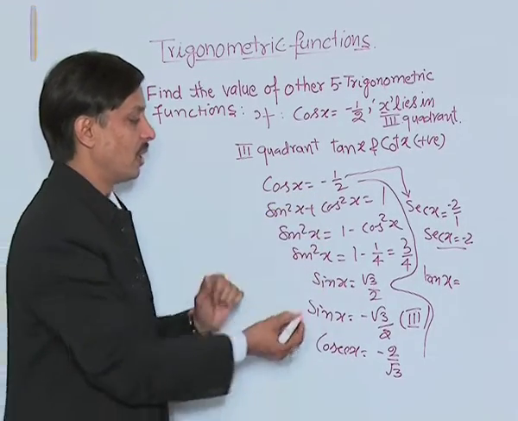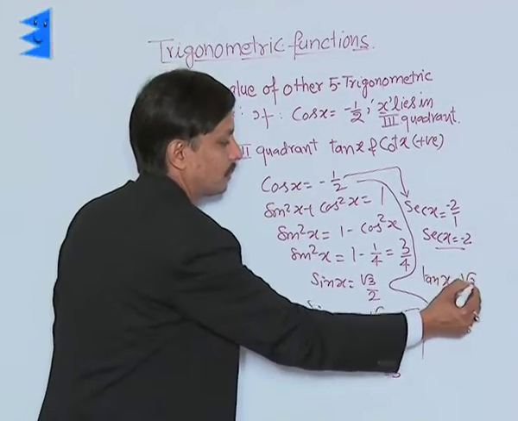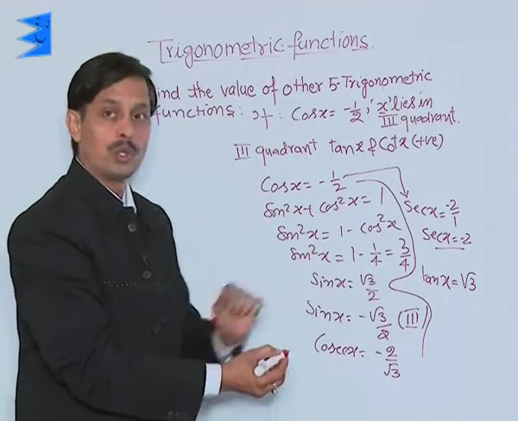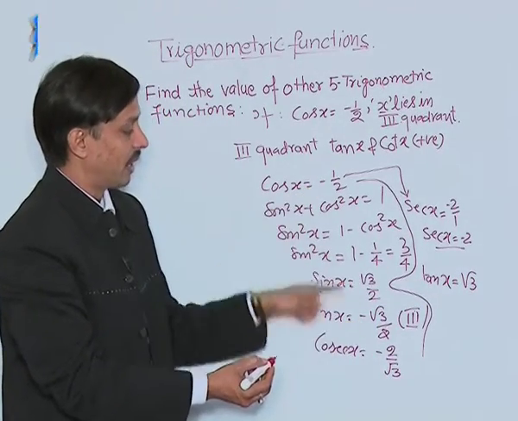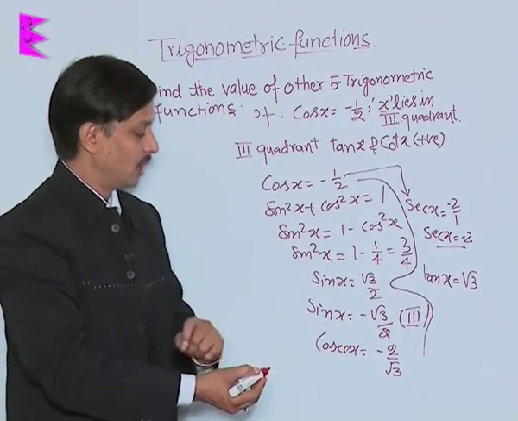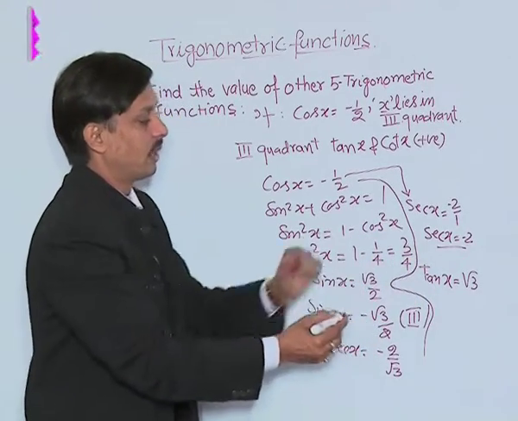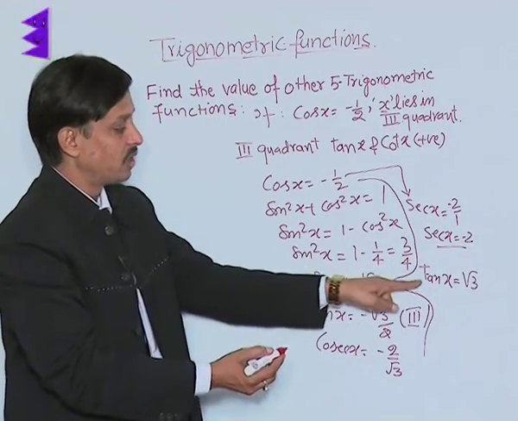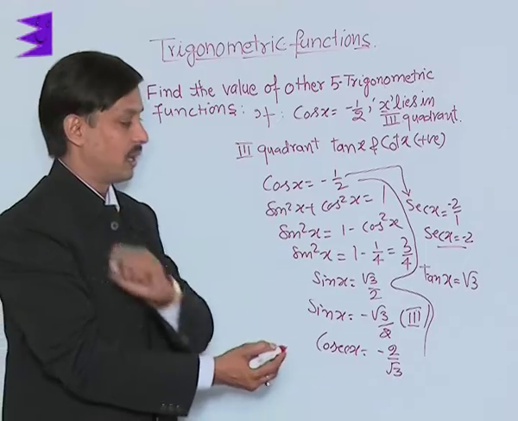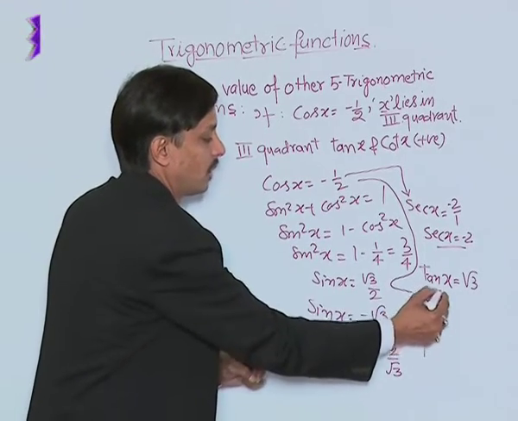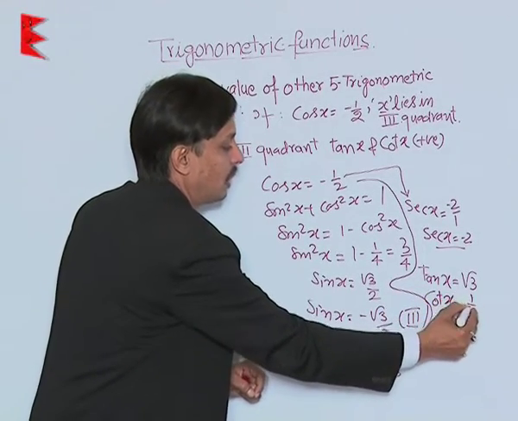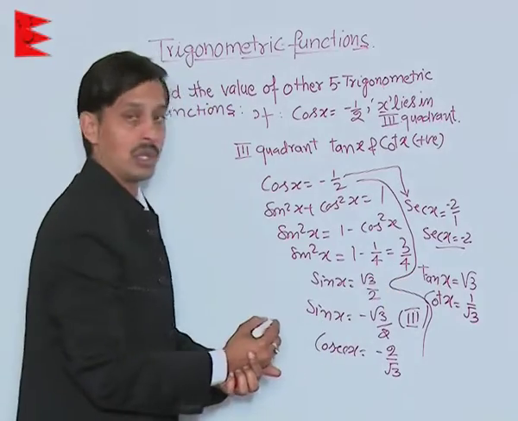Their division will give us root 3. So tan x is root 3 because negative and negative will cancel. So the value of tan x becomes root 3, and the reciprocal of tan is taken as cot. So the value of cot x will be 1 by root 3.